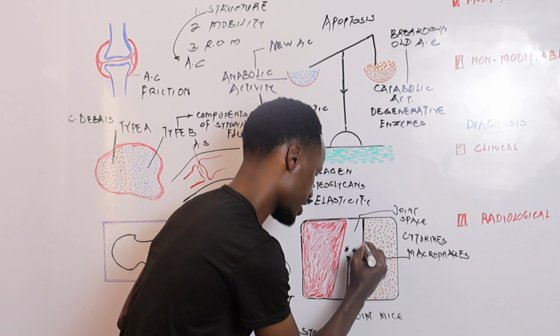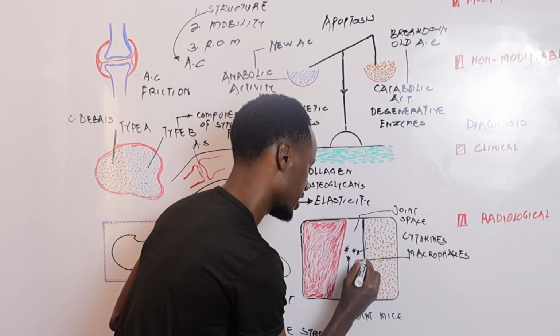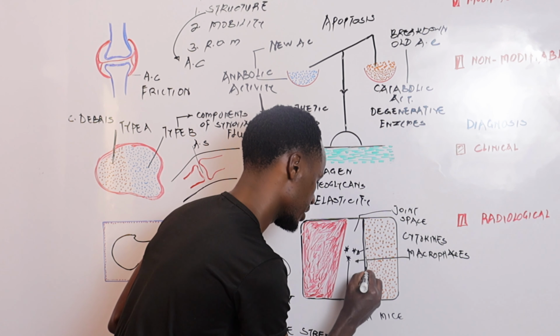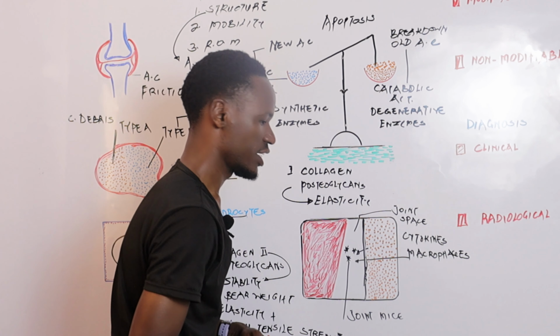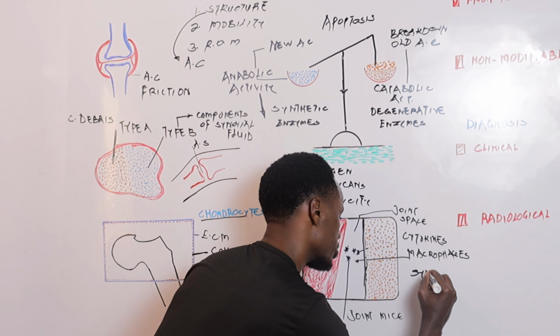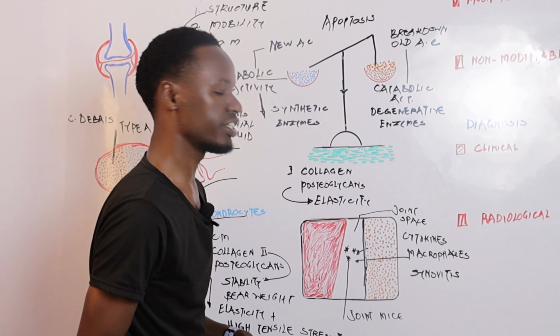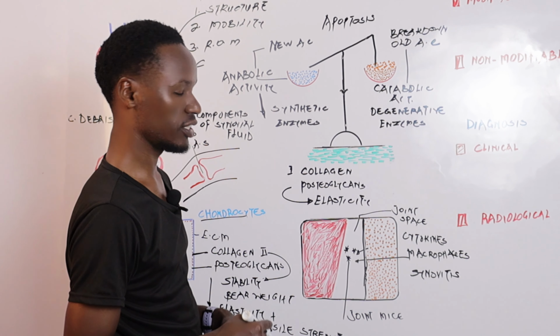And if this happens, these macrophages and cytokines start eating up this synovial membrane. And whatever follows is something that we call synovitis, which is the inflammation part of the disease, osteoarthritis.